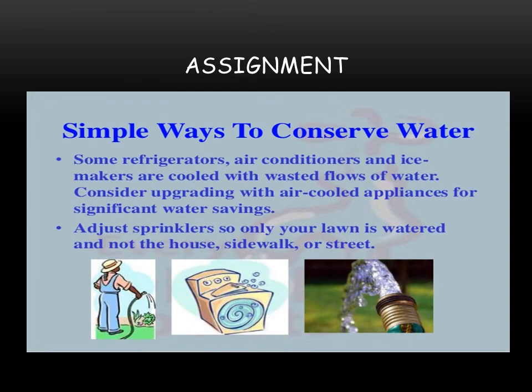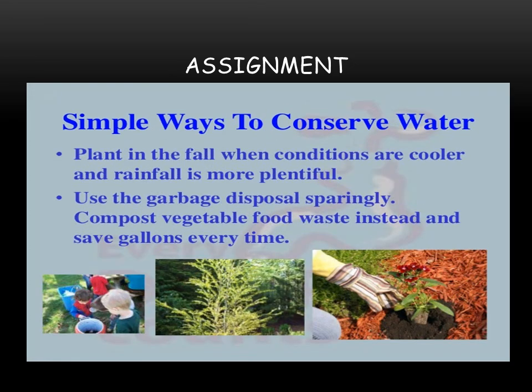Some refrigerators, air conditioners, and ice makers are cooled with wasted flows of water. Consider upgrading to air-cooled appliances for significant water savings. And adjust sprinklers so only your lawn is watered and not the house, sidewalk, or street. Plant in the fall when conditions are cooler and rainfall is more plentiful.